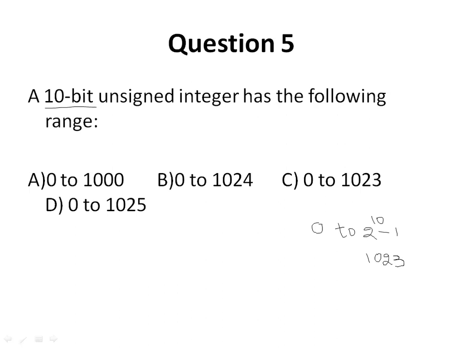You should remember these values: the 2 power 10 value, the 2 power 20 value. So 0 to 1023, option C is correct. Right, you are correct. Okay, right. Next.